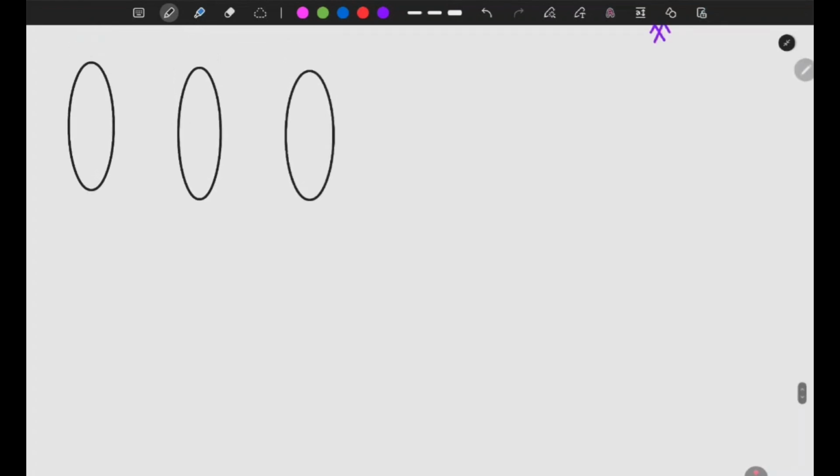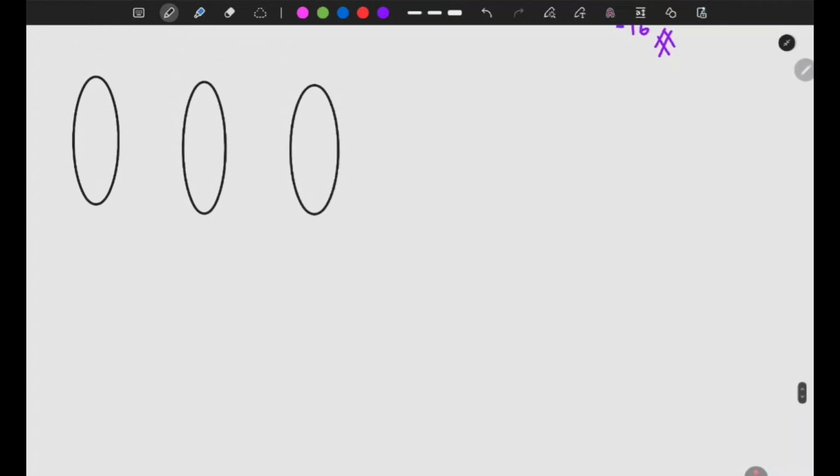So let's just say this time this is x, and maybe just now one x plus 2. Too lazy to think. x plus 2, and this one x squared maybe.